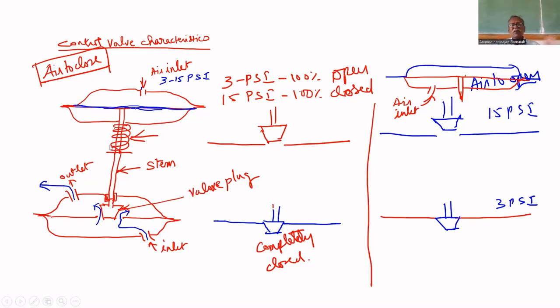So initially there are two types. One is called air to close, another is called air to open. Another difference is the linear valve. Linear valve means its behavior will be linear.